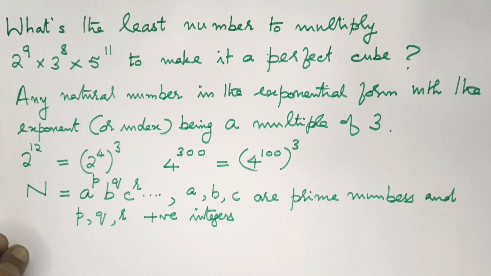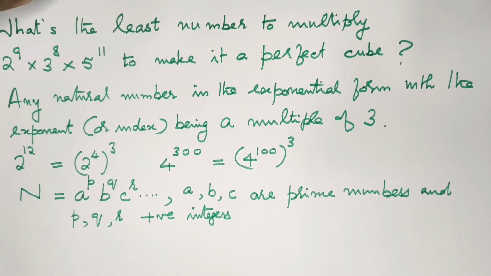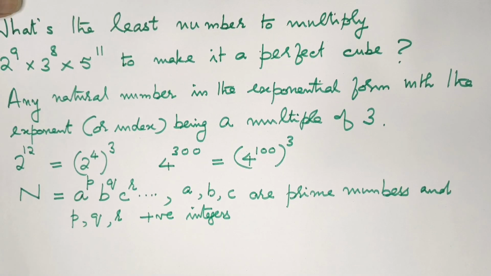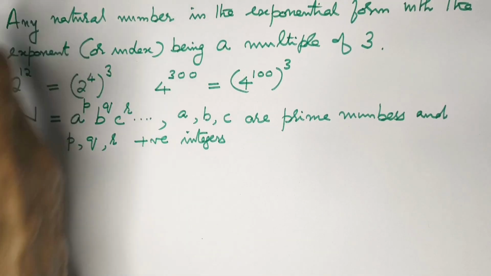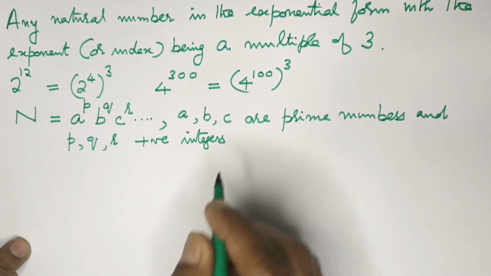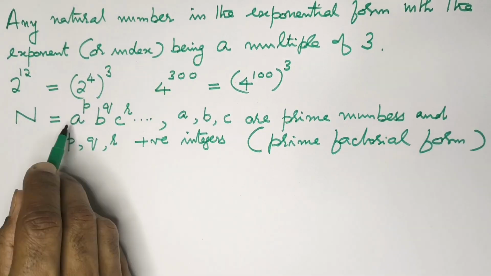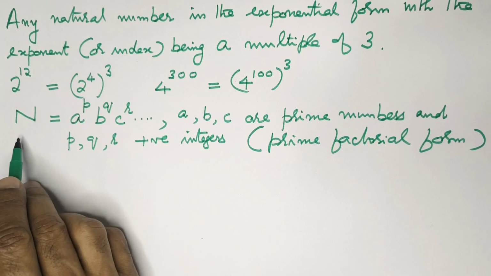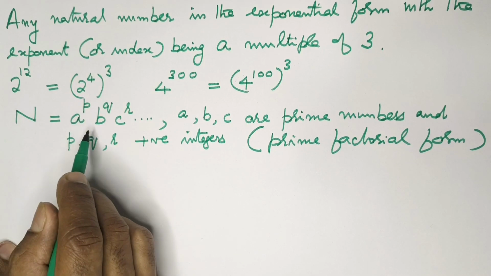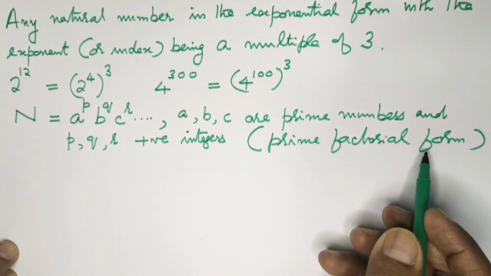As you know, positive integer and a natural number refer to the same numbers, just 1, 2, 3, these whole numbers without 0. Now look at the number given to you. It's already in this form. There is a name for that. This is what we call prime factorial form, this format. Given any natural number, you can uniquely express this number in this format, and that's what we call prime factorial form.